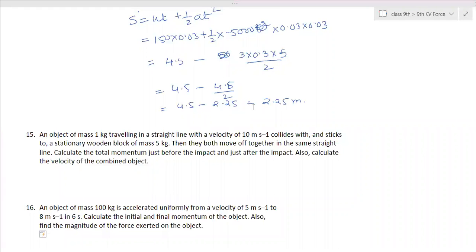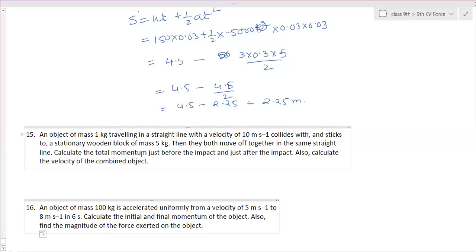Ma'am, is the total momentum 10? Both are 10 kg meter per second. Total momentum before collision is 10.